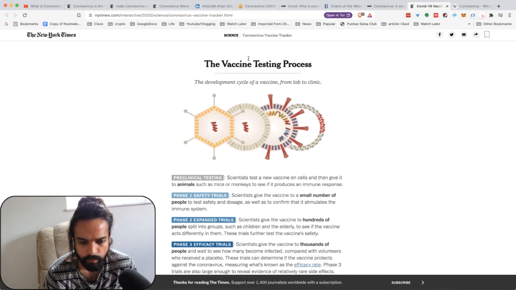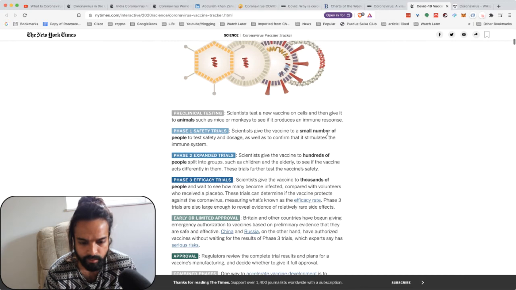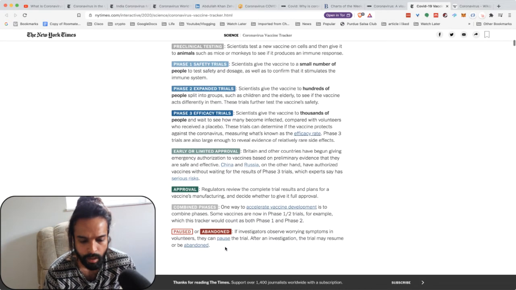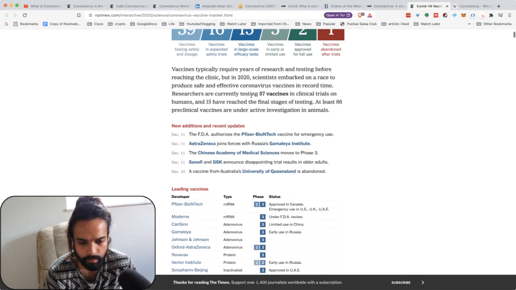So, the vaccine testing process. As you can see, there are several phases of vaccine testing: safety trials, expanded trials, efficacy trials, approval. So it gets approved. I think we are at the approval stage for at least some, and it says here researchers are currently testing 57 vaccines in trials on humans. 15 have reached the final stages of testing. Good news.